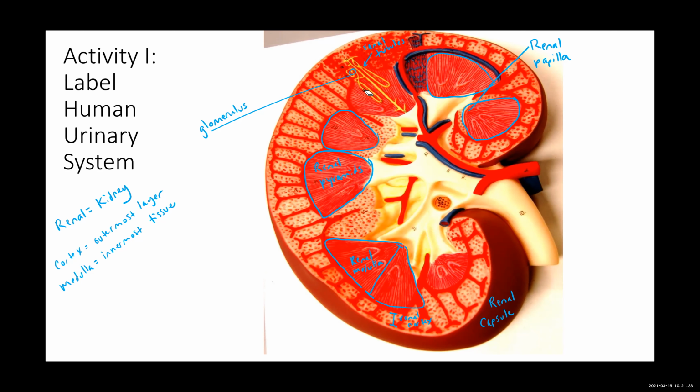From that little ball, the tube coming directly off of that is going to be called the proximal convoluted tubule.